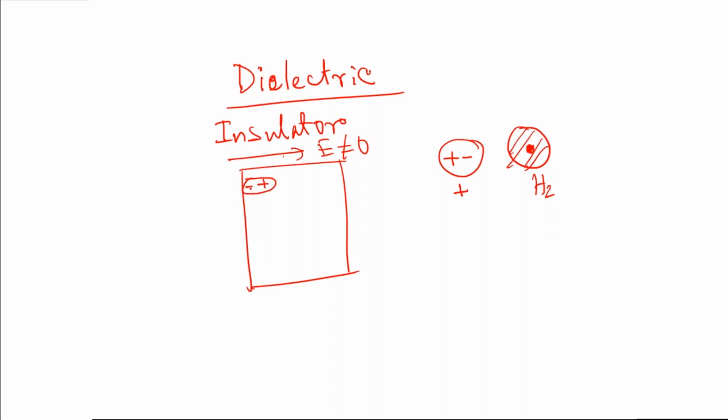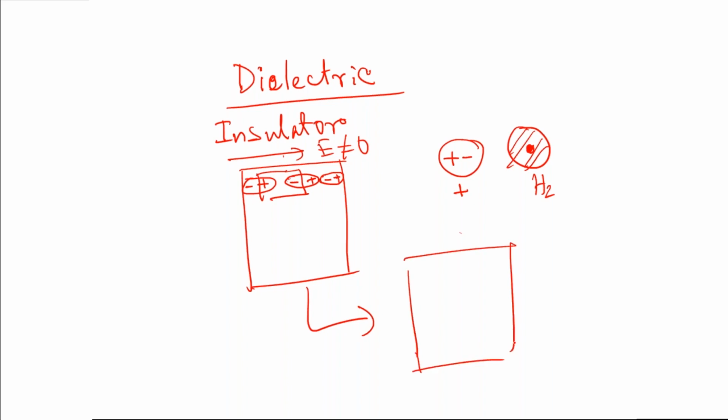Now they get a little elongated. That means the positive and negative charges are a little bit separated. Here will again be negative, this will be positive for another molecule, and in another case it will be negative here, positive here. So this negative and positive will combine with each other, they will make themselves neutral.